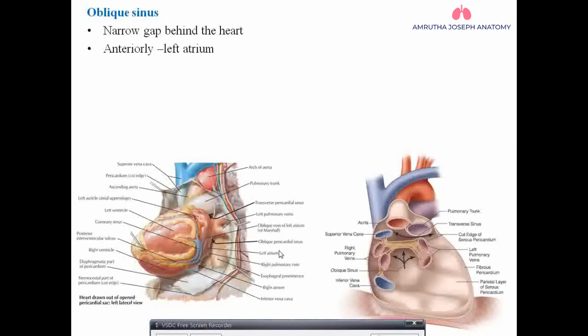Anteriorly it is related to left atrium. Of course, if the gap is behind the left atrium, anteriorly it would be left atrium. So here left atrium is placed and the pulmonary veins are opening into the left atrium. Posteriorly parietal pericardium. So this is the parietal pericardium that is seen posteriorly.